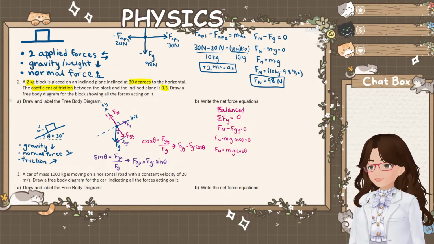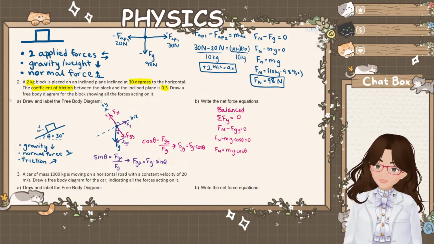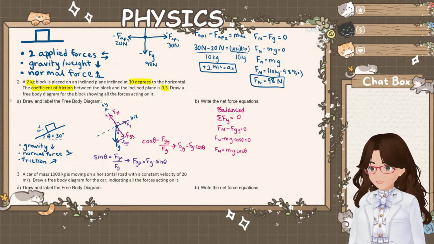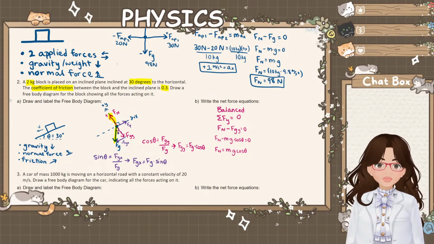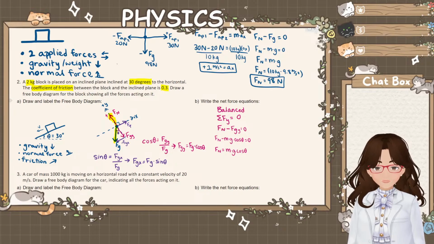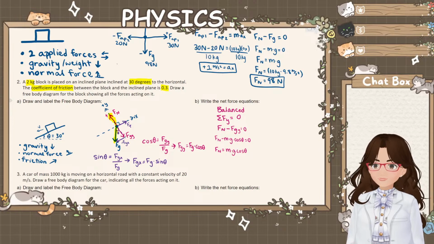What's important to realize here is that the normal force isn't necessarily going to be as long as the magnitude of gravity, right? So this force right here is longer than Fn. And that's okay because normal force is a restoring force. And the key thing to know about it being a restoring force is that it is always trying to balance the system, right?